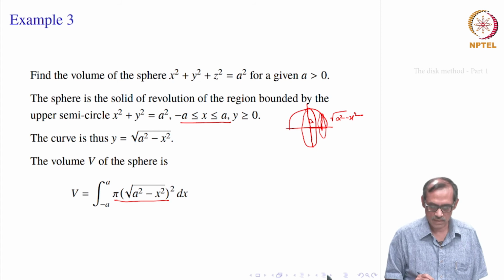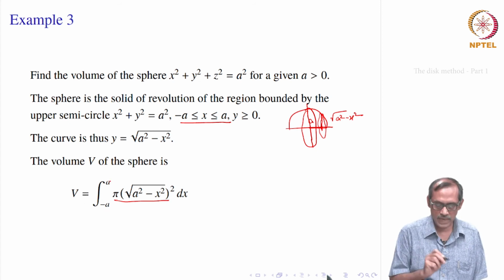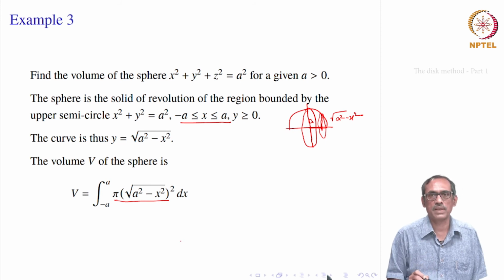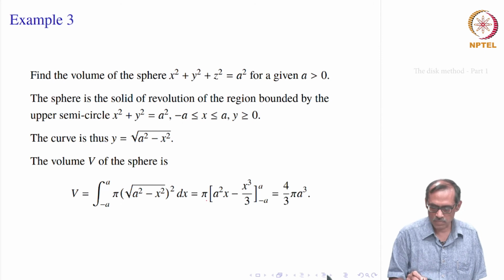So volume is equal to the integral from minus a to a of pi times square root of a square minus x square whole square dx, and that simplifies to pi times a square minus x square, and that integral will be a square x, and for x square you get x cubed by 3.